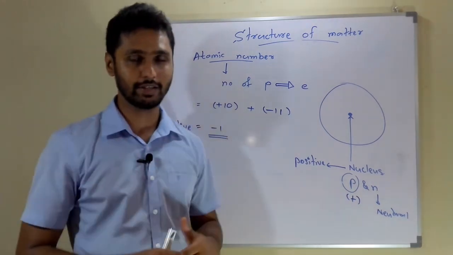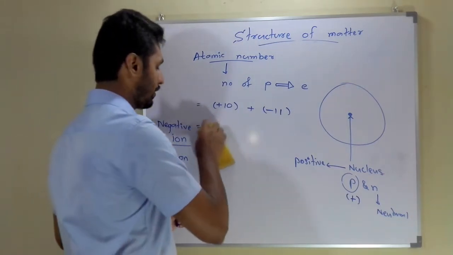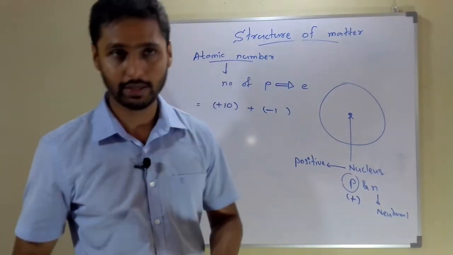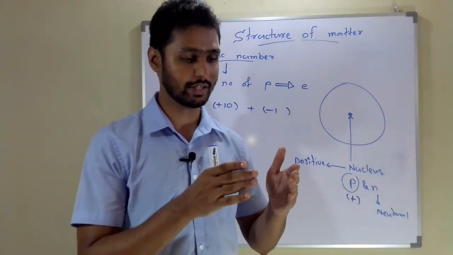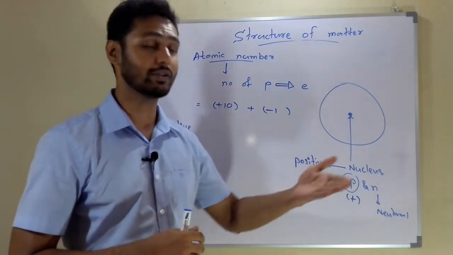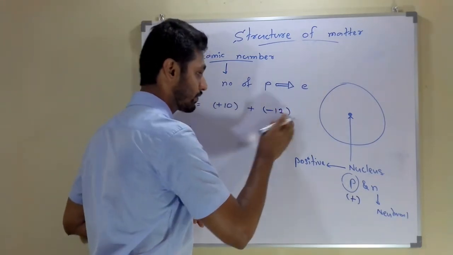Let's see another example also. If an atom has taken 2 electrons, it had 10 electrons, but it has taken another 2 electrons. Altogether, it has 12 electrons now.